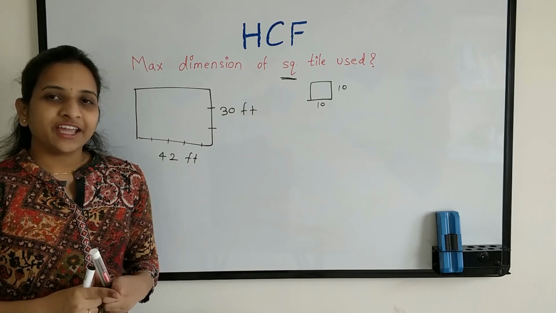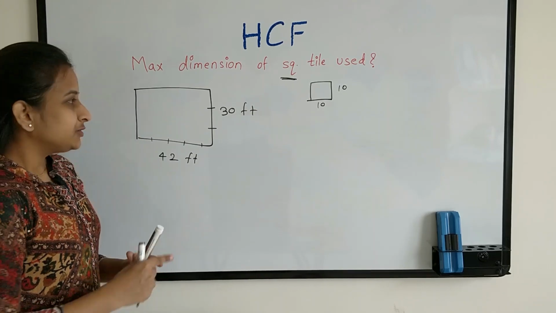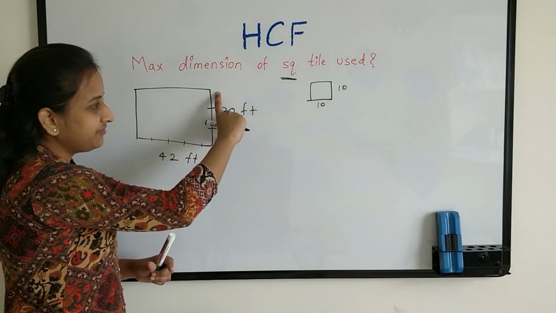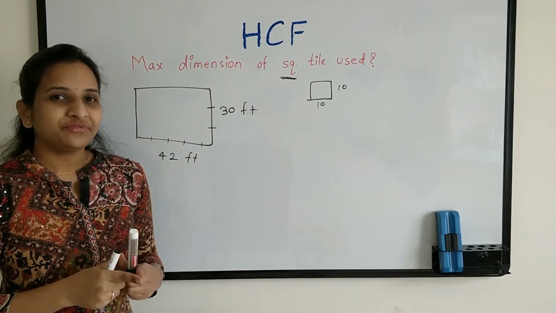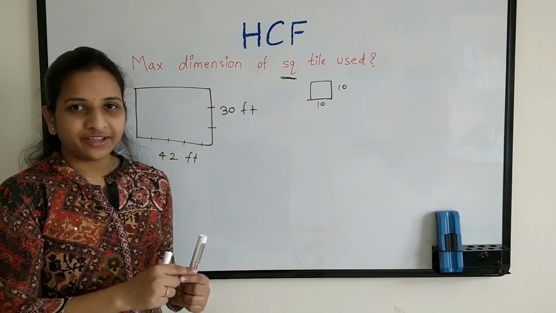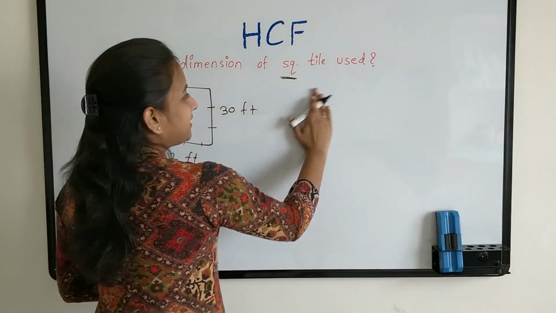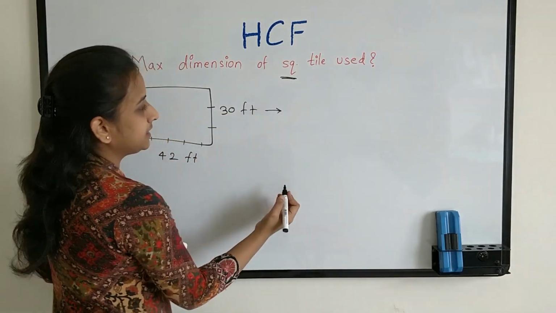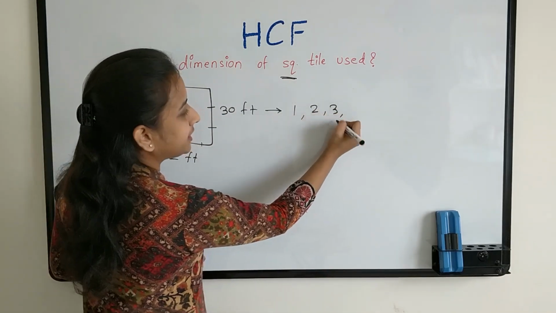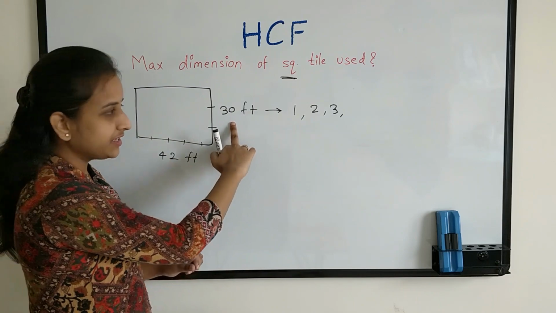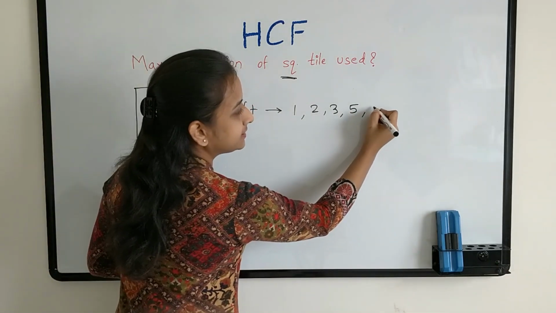Now let's check which tiles are suitable for the 30 feet and 42 feet sides individually. That means we need to find the factors of 30. So the factors of 30 are 1, 2, 3, 4 is not a factor, 5 is another factor, 6.